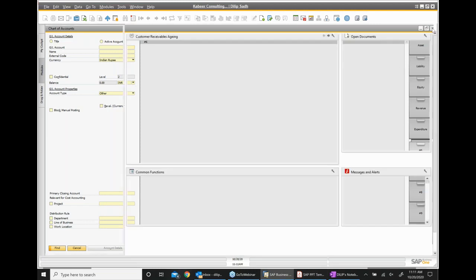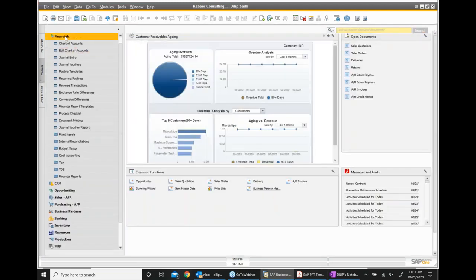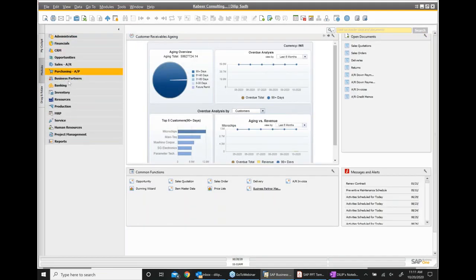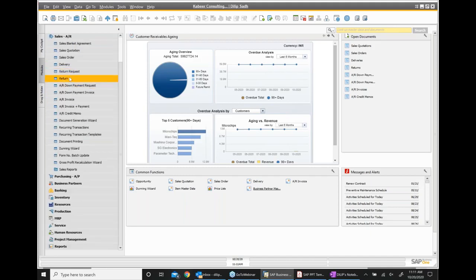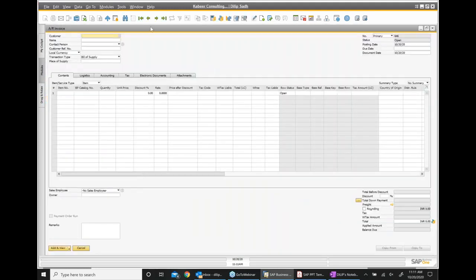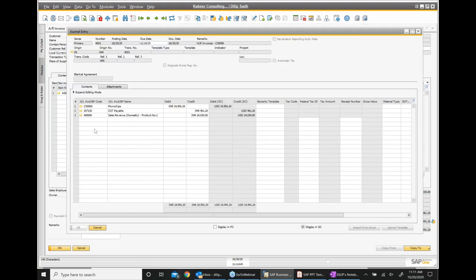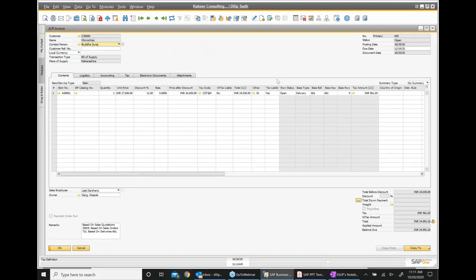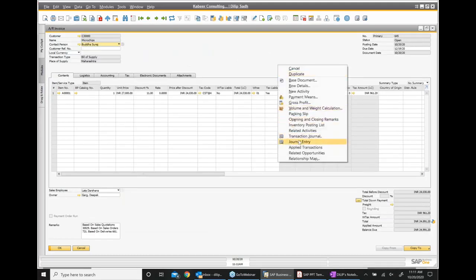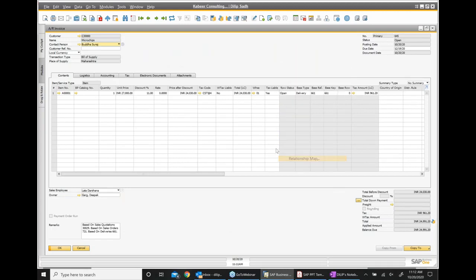Then we're going to talk about the process of automatic account entry. What does this basically mean? If I go back to my customer invoice, this is my AR invoice, or customer invoice. If I go to my previous record and see the general entry, this is the sales revenue account, how did we get it? This is my CST tax account, how did we get it? This account entry also takes place at the time of delivery.